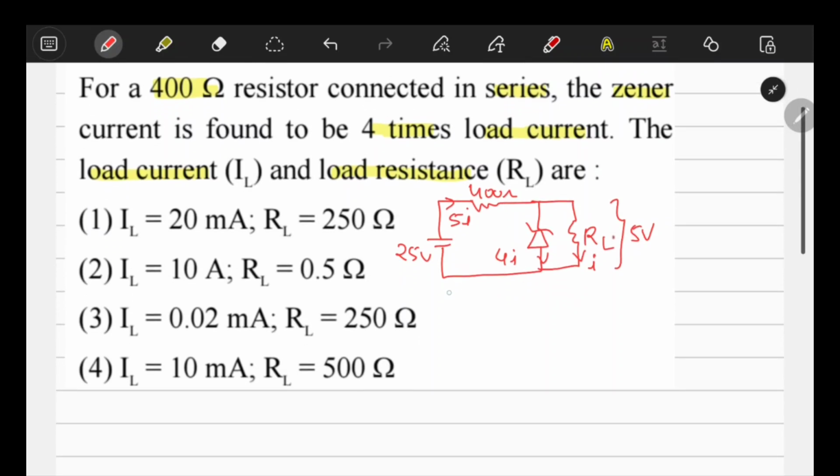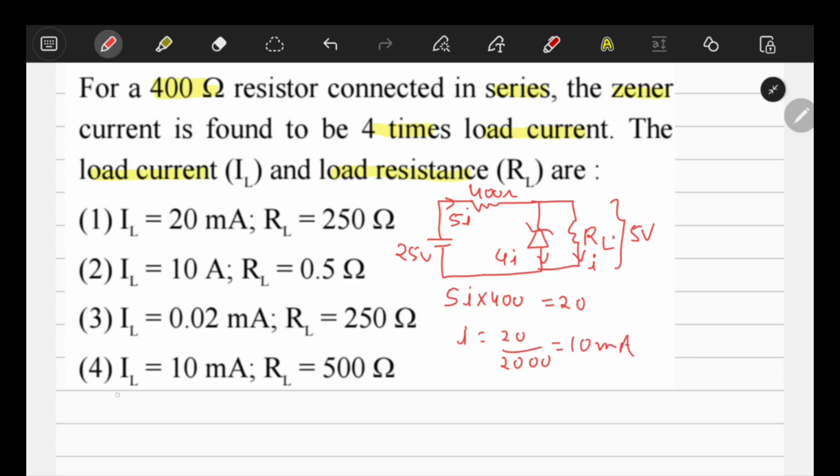So we can easily find out 5I into 400 should equal 20 volt, because 25 volt minus 5 volt gives us 20 volt, and 20 volt is the voltage that is going to drop across this 400 ohm. So I will be, we can calculate from here, 20 by 2000, that is 10 milliampere.